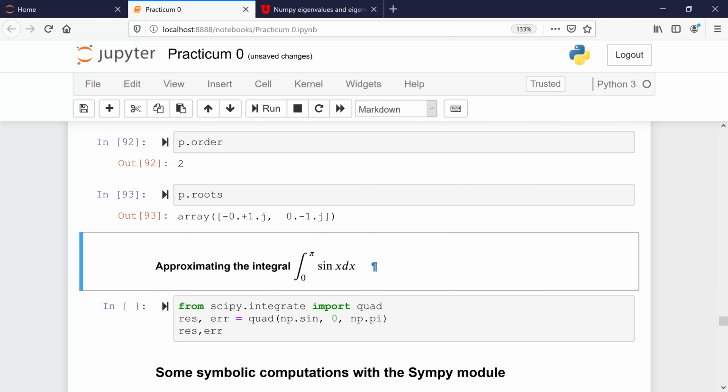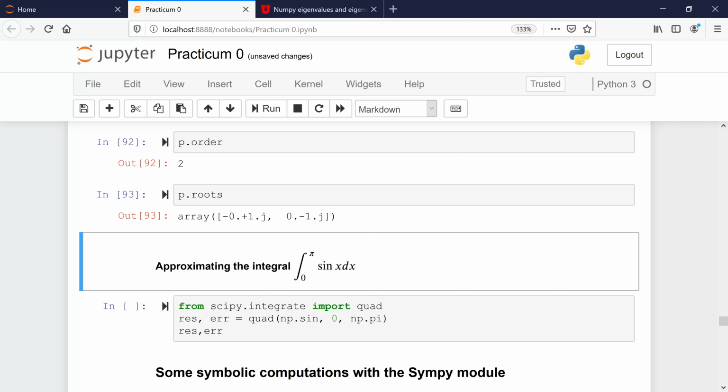We can also compute integrals by quadratures, that you learned in second year. We have Simpson rules and so on. Here I use scipy. I don't know why, but of course it exists in numpy. So this is an approximation of the integral from 0 to pi of sine x.